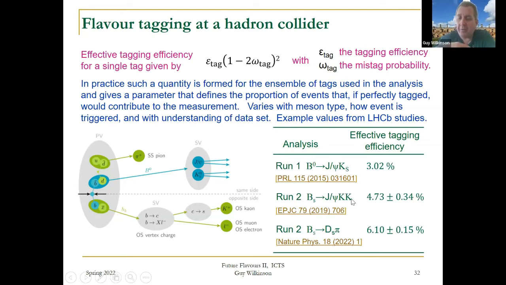Also, depending on how the event was triggered, that affects how effective the tag is. Finally, as one gets more and more experience, the tagging decision also improves. So one sees a range of tagging efficiencies, and indeed there's even better ones out there, but it's certainly always less than 10%. Okay, so this is as well as you can do at the LHC.